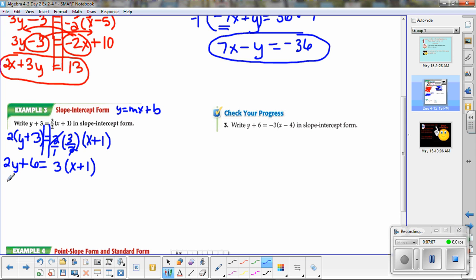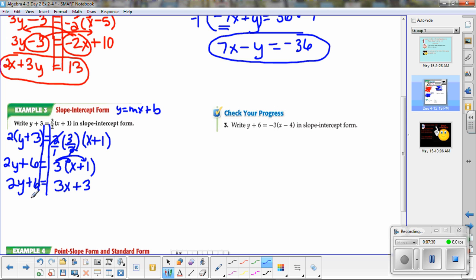Then you'll want to go ahead and do the distributive property on the right side. So 2y plus 6 equals 3x plus 3. Now to get it into slope-intercept form, you want to have y all by itself.